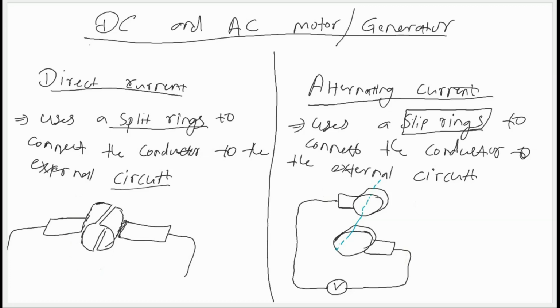If it's a direct current motor, it will have this component, and if it's an AC motor, then it will have this component. The same applies for the generator. If you have a DC generator, you will see the split ring, and if you have an AC generator, then you will have slip rings. You will have two rings which are not cut in half. But a DC uses one ring which is cut in half.